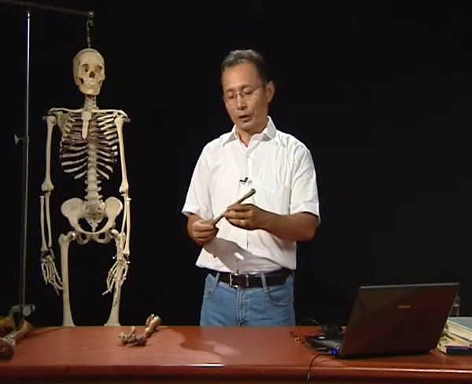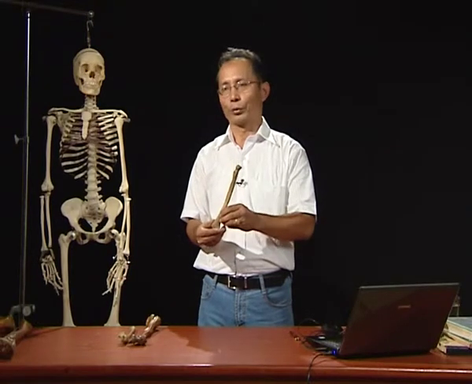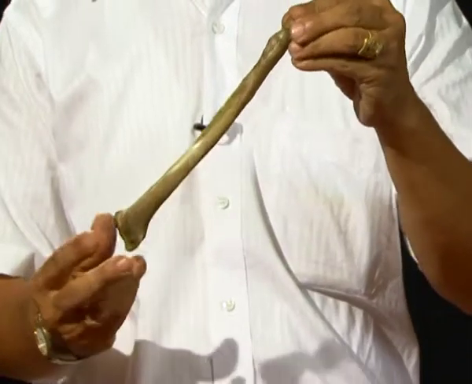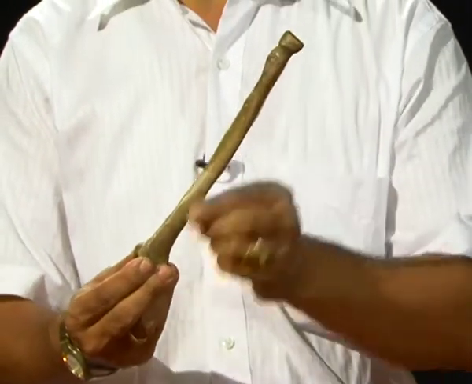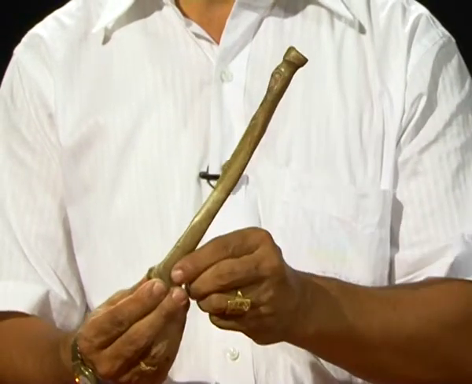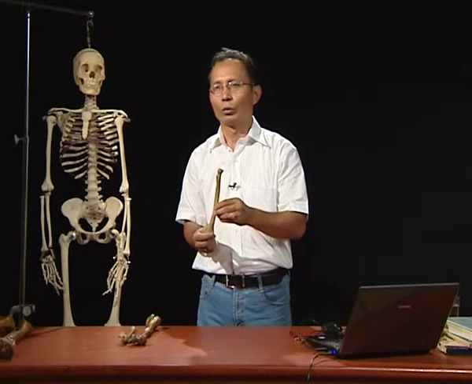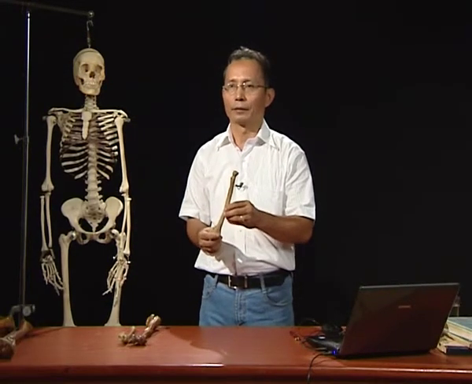Then on the basis of its size, it is a long bone, as it has two extremities or two epiphyses and a shaft or diaphysis. So this is a long bone. So type of bone is long, type of skeleton is endoskeleton, part of skeleton is appendicular part.